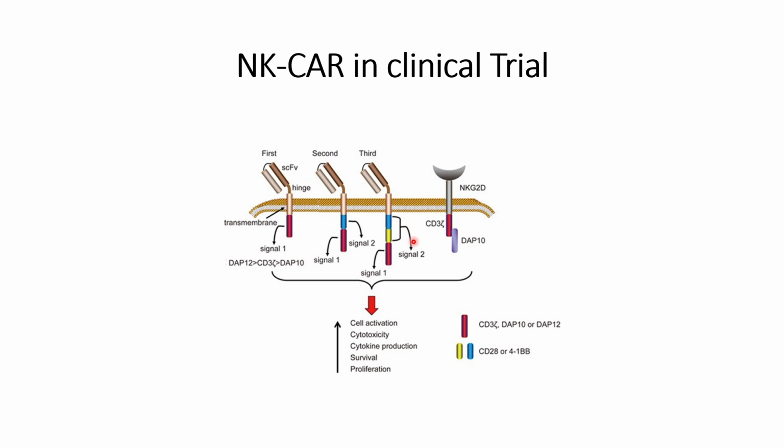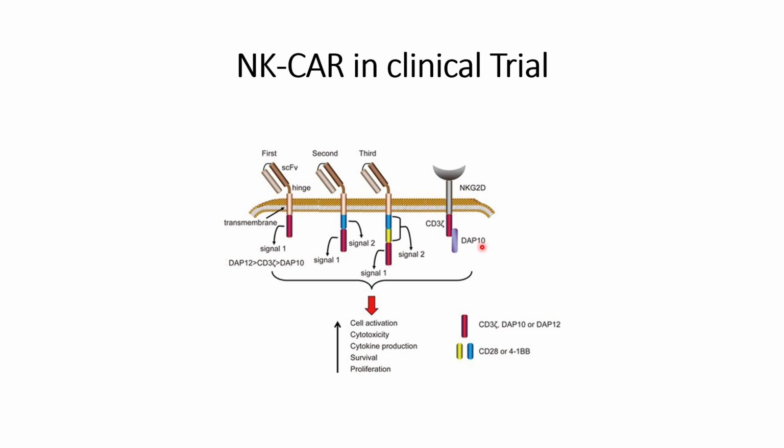So this is one of the areas on which the researchers are focusing, and the other area is to find an alternative to CD3 zeta that can activate the NK cells better. The two main common alternatives for CD3 zeta that have been tested are DAP10 and DAP12.